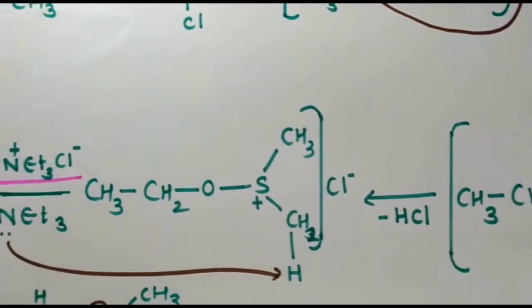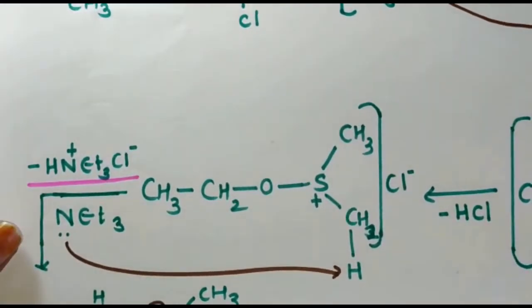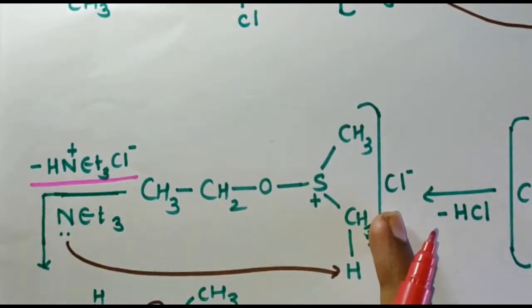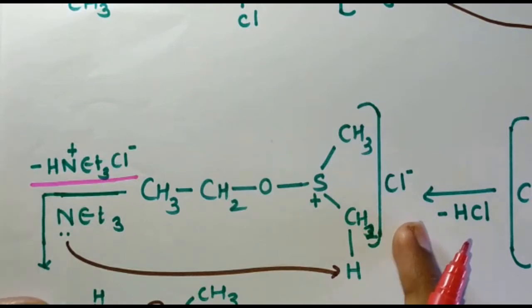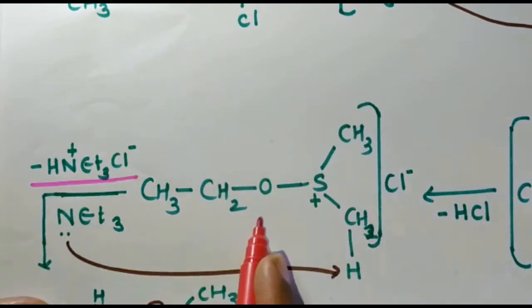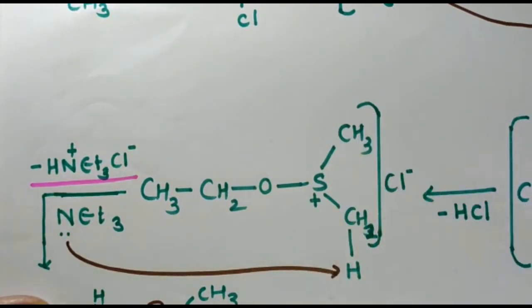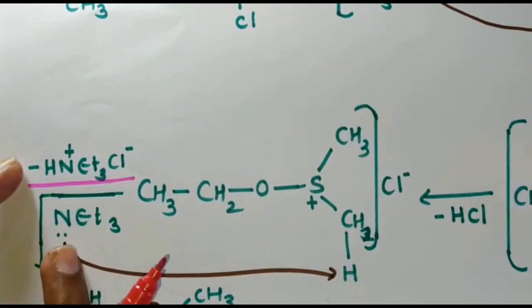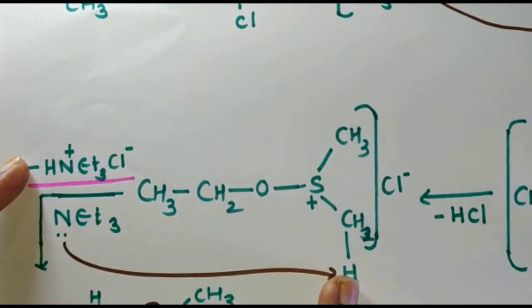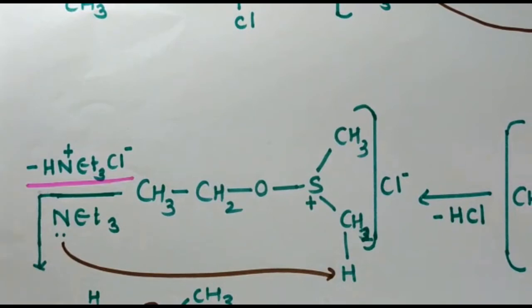Now what happened here? You can see that one chloride remains as it is, and the ethoxy group is present, the sulfur atom is present, and the two methyl groups are present. Now the triethylamine abstracts this hydrogen, because this hydrogen is acidic.